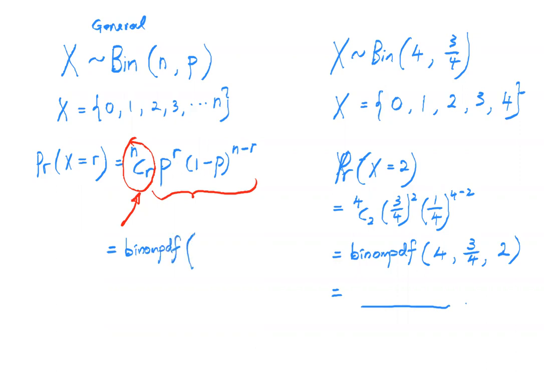So during the exam, if I ask you to find the probability for certain situation to happen, you just straight away use binom PDF for equal to.